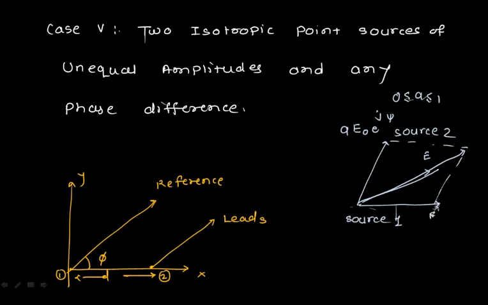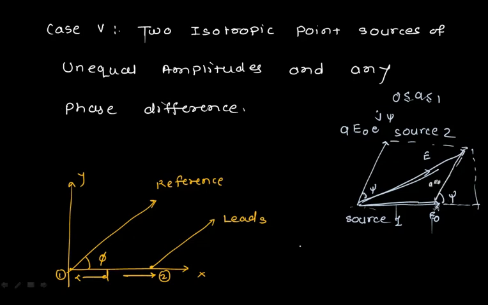So till here you have the amplitude of AE0, and this angle is psi. This also is psi. If this is AE0, then this is also AE0.